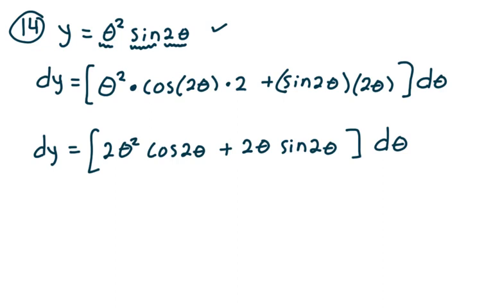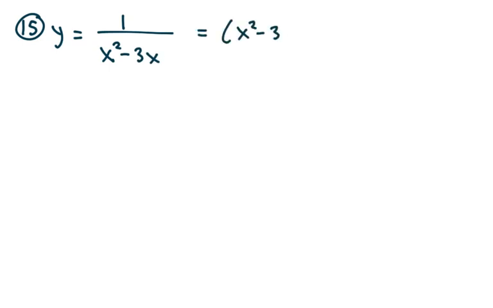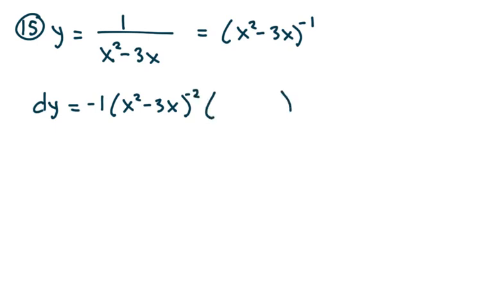If we take a look at problem 15, suppose y equals 1 over x squared minus 3x, which is x squared minus 3x to the negative 1, and I want dy. So that's negative 1 times x squared minus 3x raised to the negative 2 times the derivative of the inside function with respect to x, which is 2x minus 3, and then I'm just going to attach a dx here, okay?